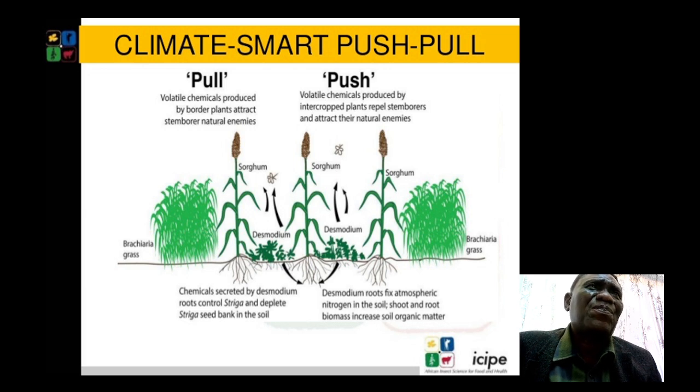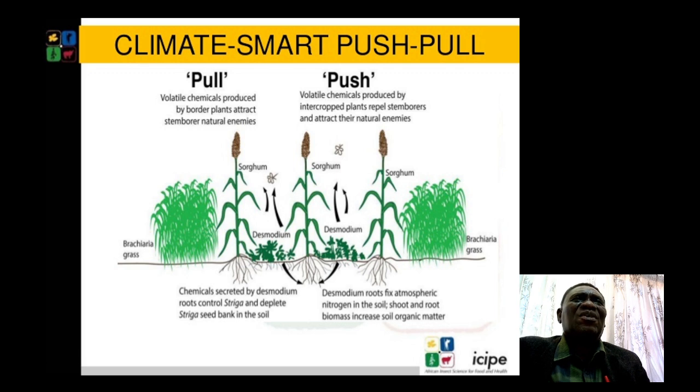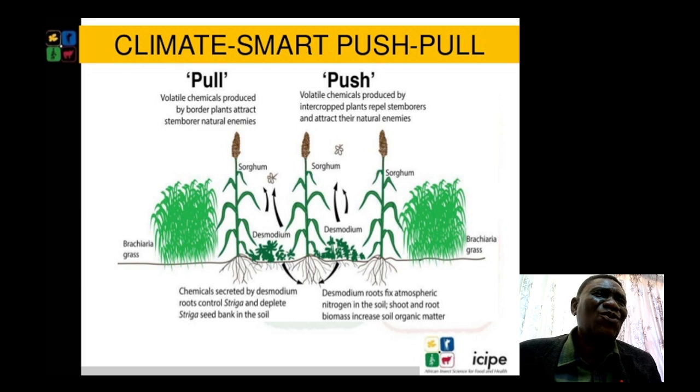So we have the push-pull system, which takes care of two pests. It was developed in Kenya by ICIPE.